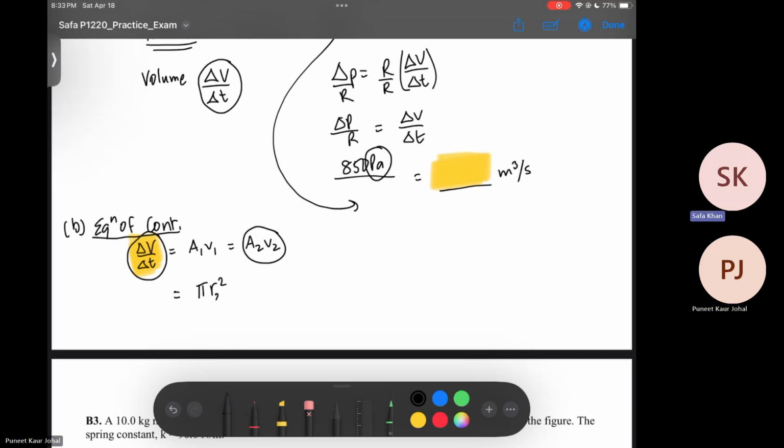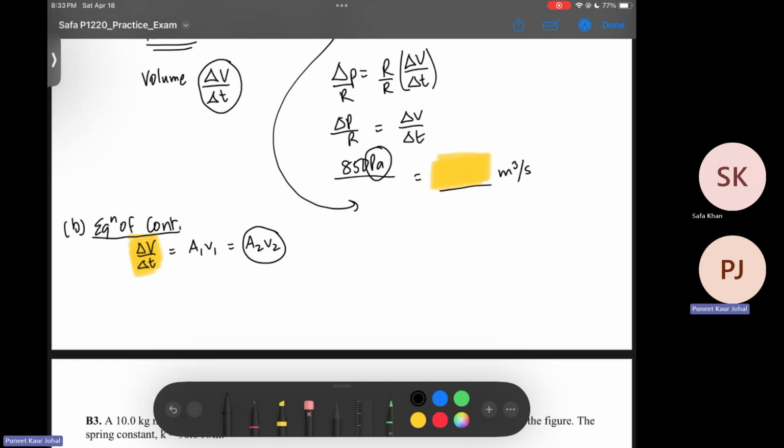There's one thing in the B part. It was delta V by delta T equal to V2 A2, and then there's an arrow, and then V2 is equal to delta V by delta T over A2. I don't get why we added delta V by delta T in the part above. Oh, they're just rearranging it.